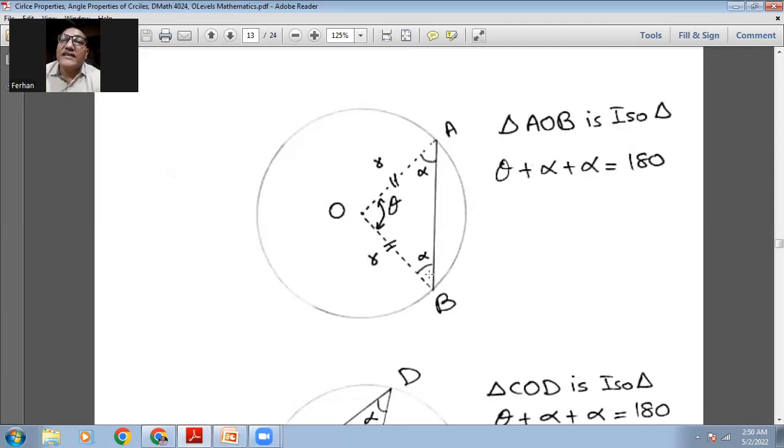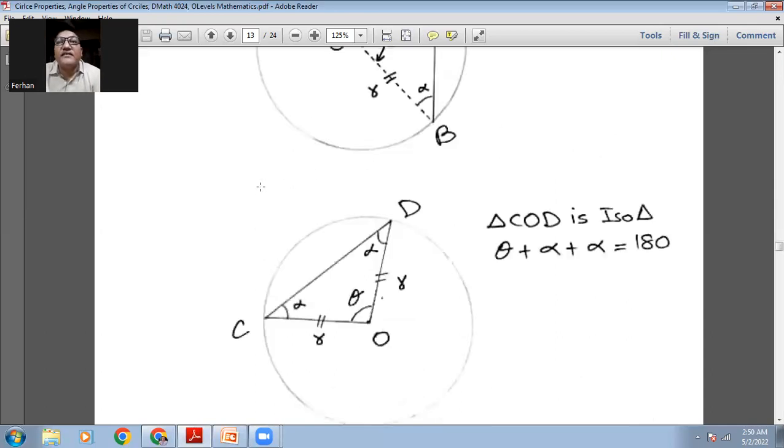These two angles, angle OAB and angle OBA, are the base angles. They will be equal to each other because it's an isosceles triangle. I've named this alpha, and this is also alpha. So theta plus alpha will be equal to 180. The reason is this is an isosceles triangle. It's a very important property, and you should always be able to recognize this.